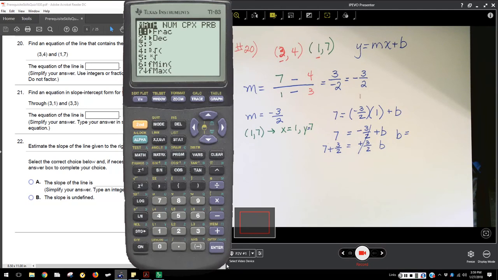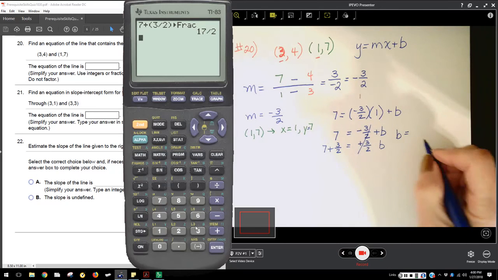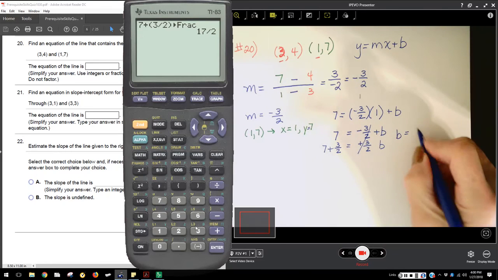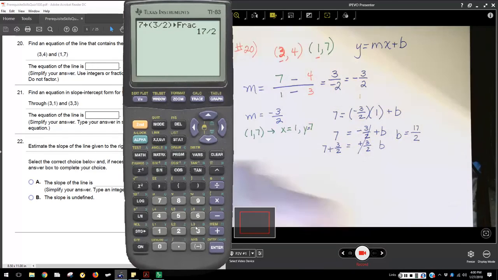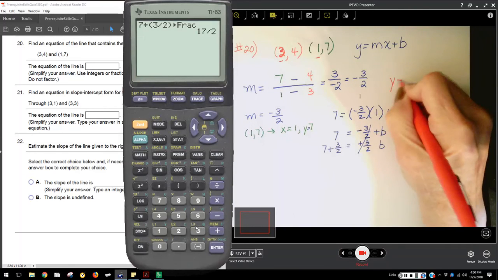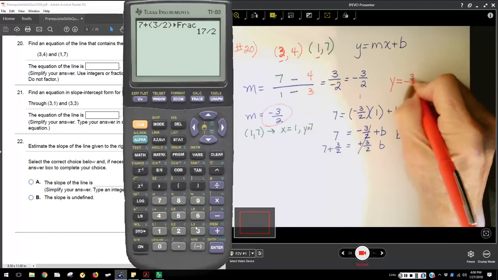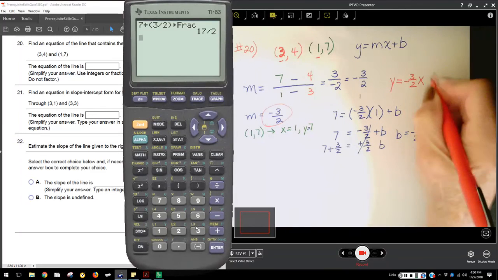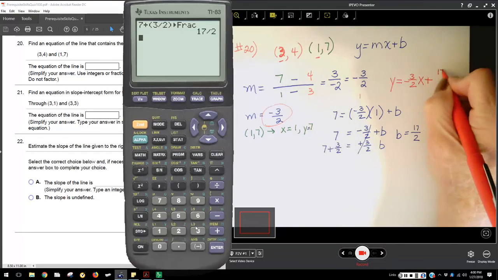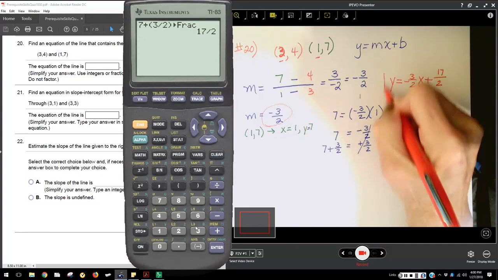And I'm going to change that into a fraction so that I can use b as a fraction. Turns out to be 17 over 2. So that tells me that my equation that I'm looking for is y is equal to negative 3 halves times x plus 17 over 2.